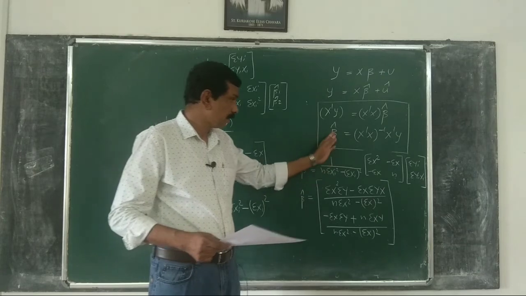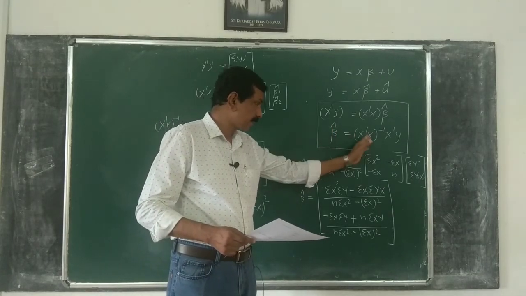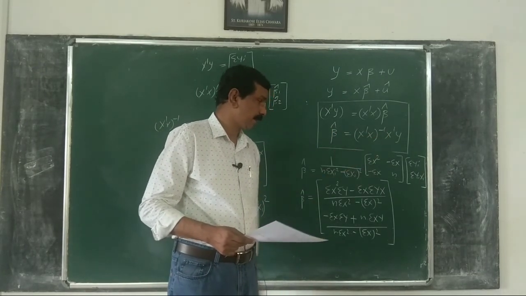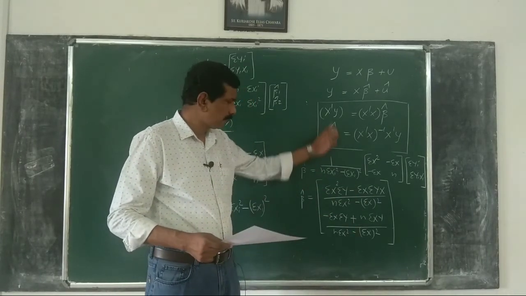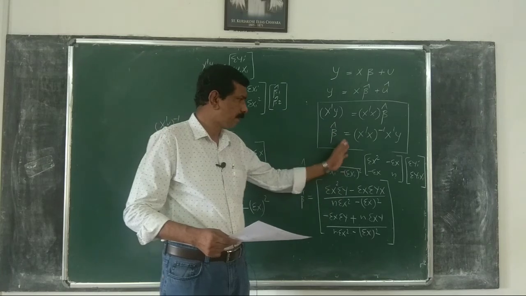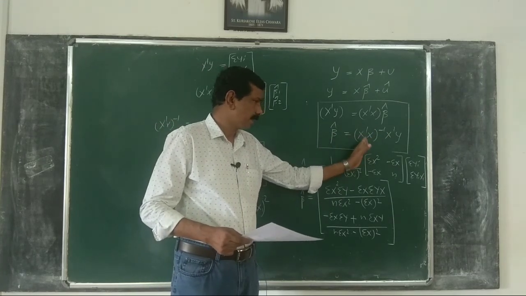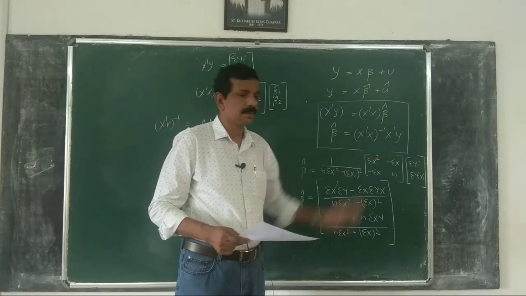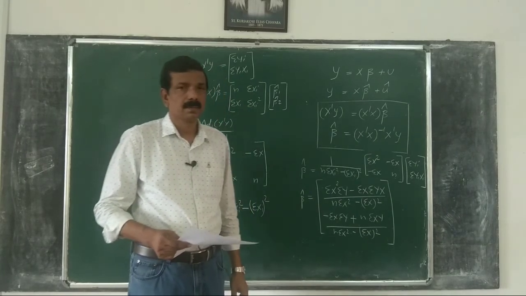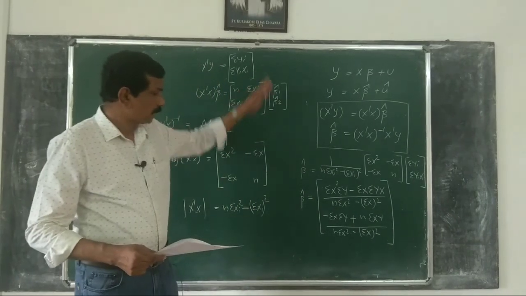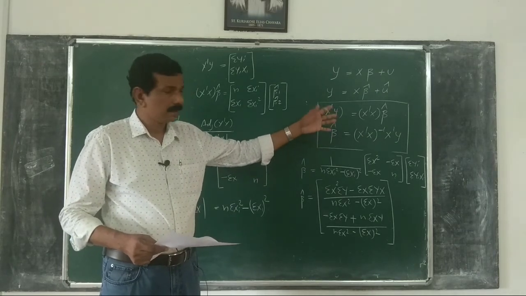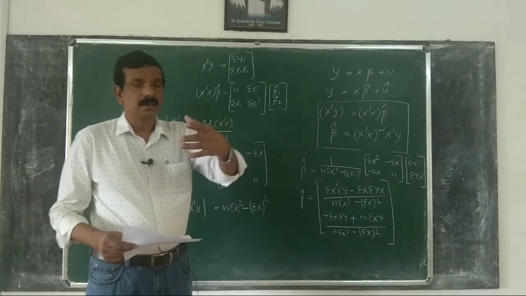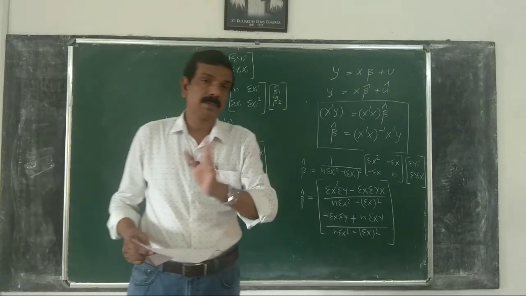As you can see, the vector beta hat is X transpose X inverse X transpose Y. For the 2 variable model, this is the result. For the 3 variable model and for the k variable model, the result is the same, X transpose X inverse X transpose Y. Now you practice this in terms of matrix and also compare this with the results obtained in non-matrix form.